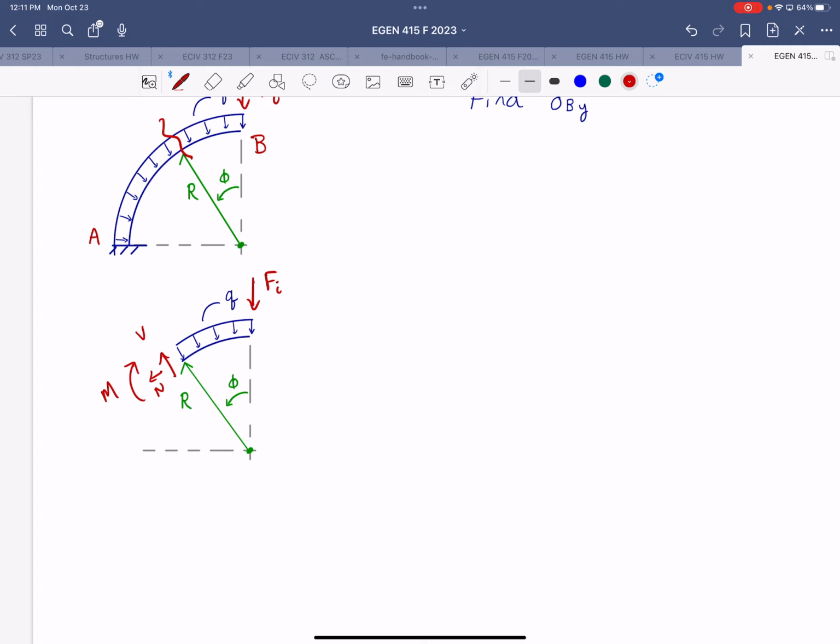And before we sum moments to get that distribution, I'm going to break down this pressure load into the horizontal and vertical components. So the horizontal component I will sketch as acting over that vertical projection of this portion of the circle.